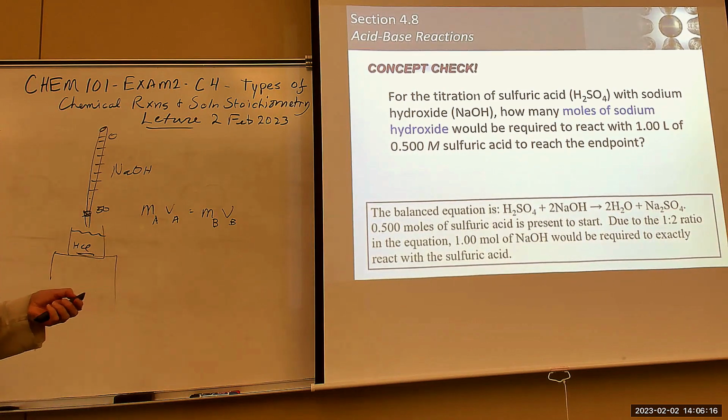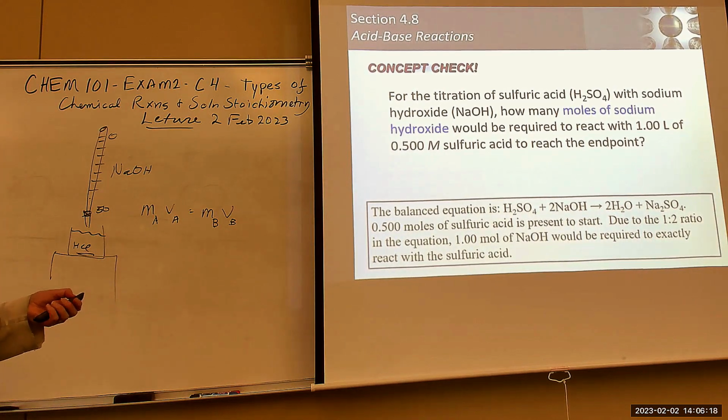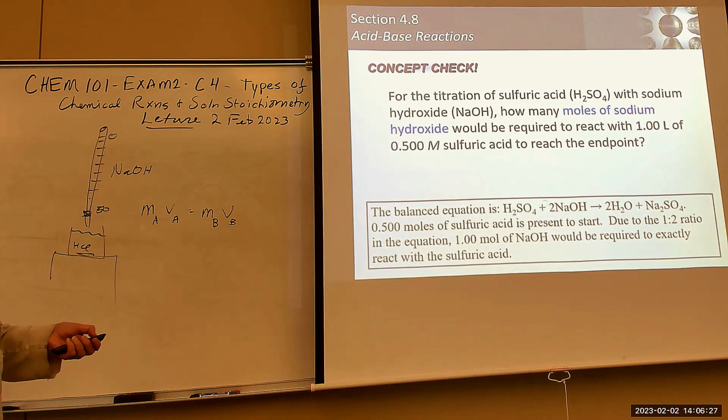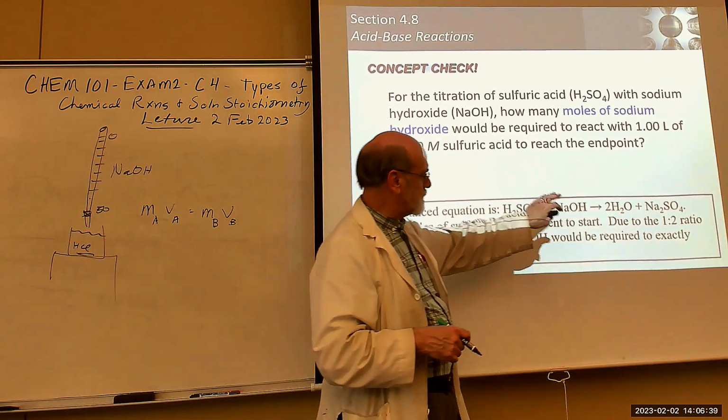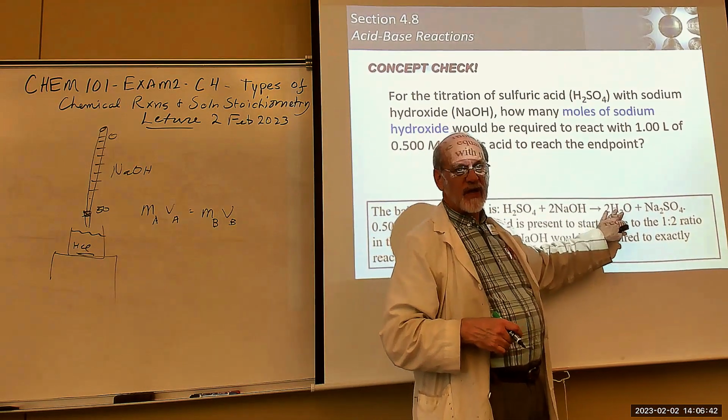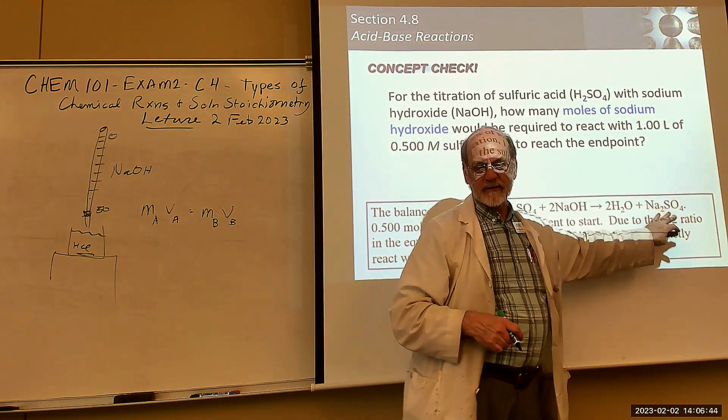Oh, good. For the titration of sulfuric acid and sodium hydroxide, how many moles of sodium hydroxide are required to react with 1 liter of 0.5 molar sulfuric acid? In that case, you need this balanced equation. So here's your sulfuric acid, there's your sodium hydroxide, there's your water, and there's sodium sulfate. I didn't mention earlier, but an acid plus a base yields water plus a salt.